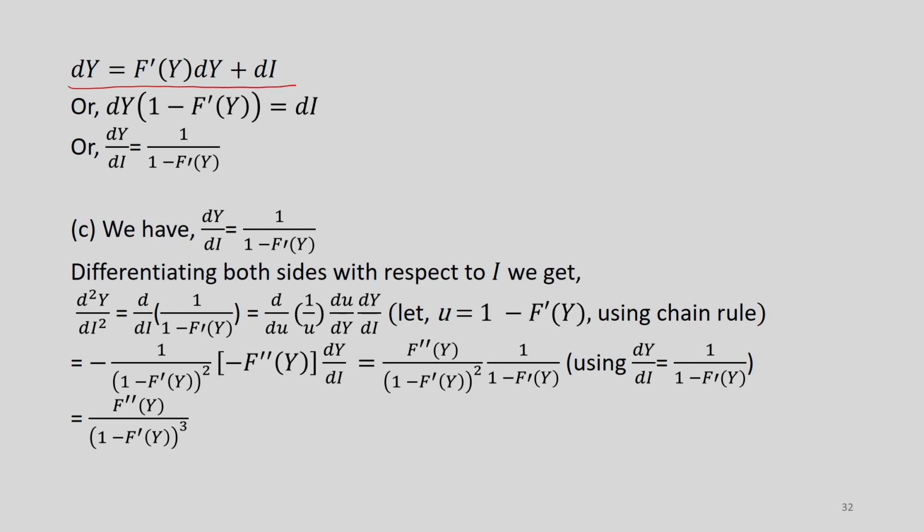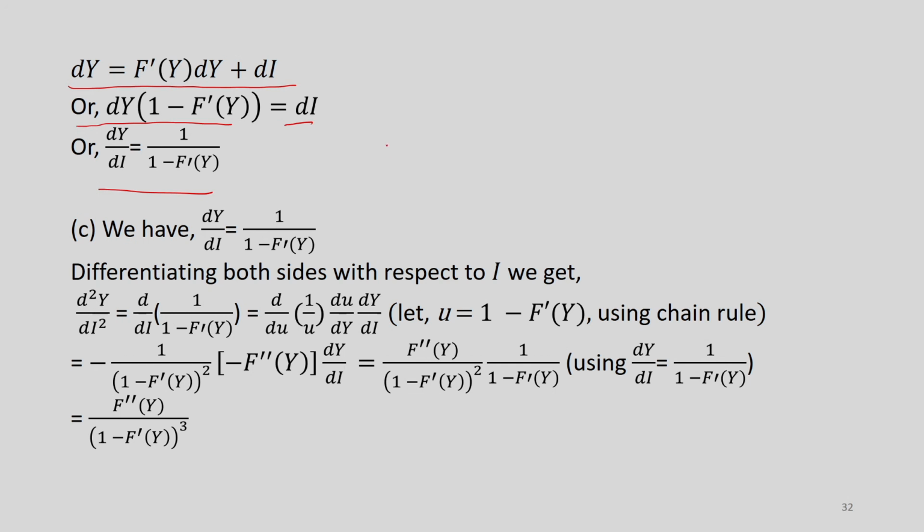Dy is equal to f prime y dy plus di. Again I take all the dy terms to one side. So, dy multiplied by 1 minus f prime y is equal to di, and in the next step I am going to get dy di is equal to 1 divided by 1 minus f prime y.